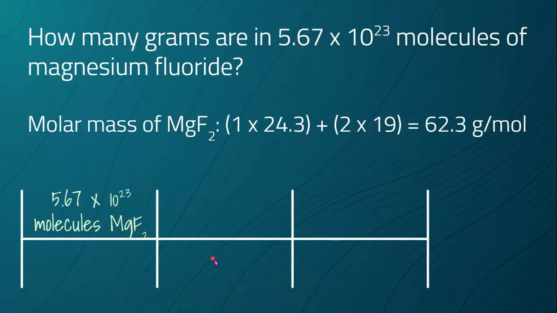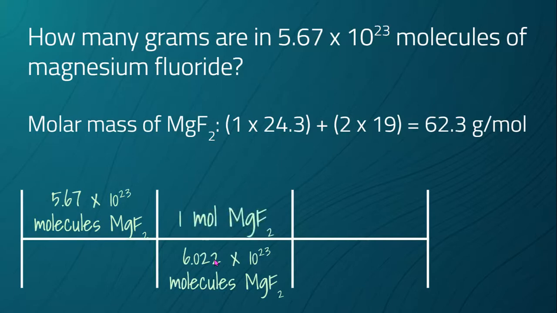A conversion factor that I can use to convert molecules into something else is Avogadro's number. So I'm going to put the 6.022 times 10 to the 23rd molecules of magnesium fluoride down, 1 mole up. So my molecules cancel out, I'm left with moles.